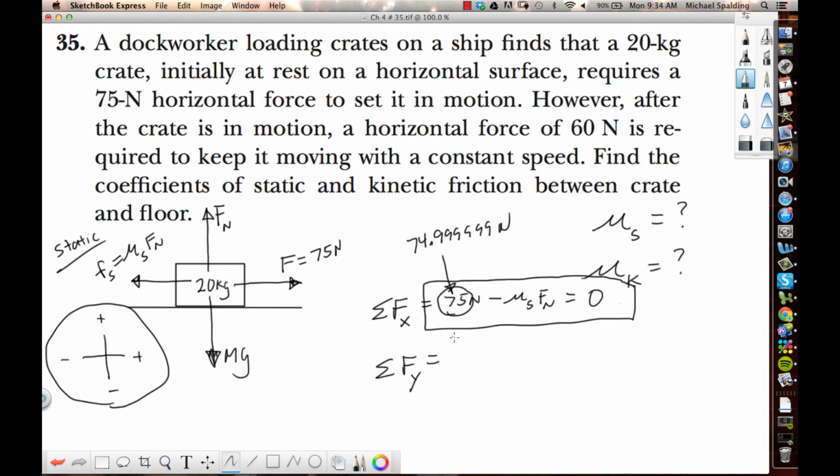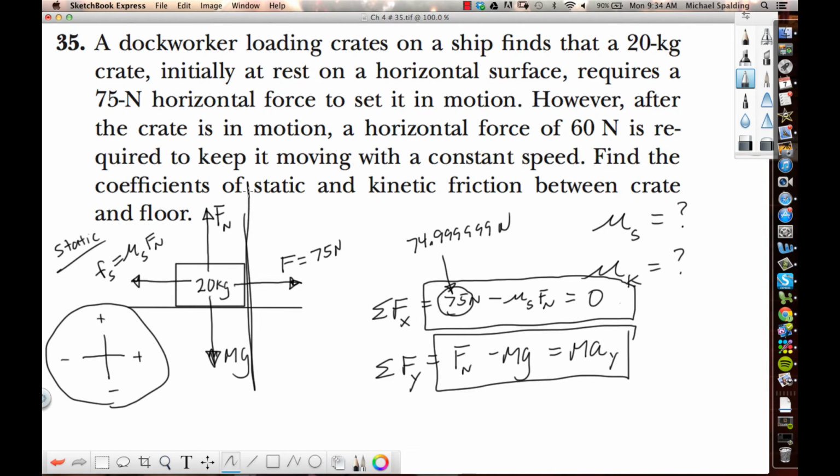In the y direction, we have normal force up, mg down, sum of the forces equals ma, where that's a y acceleration. Is there a y acceleration? Does the box accelerate this way? No. So the y acceleration goes to 0.